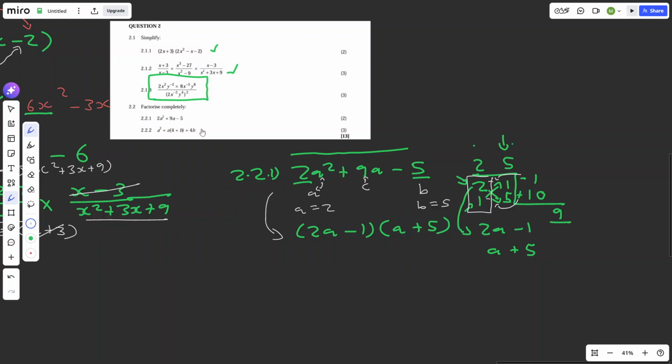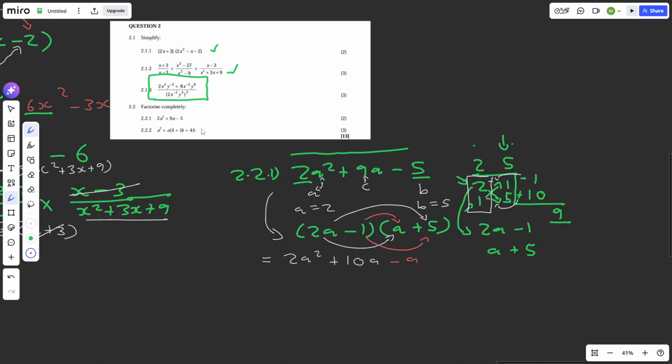Okay. So to confirm this, it's good to confirm, right? So let us expand this and see if we get that expression above. So from here, what do we get? 2a times a is 2a squared. 2a times 5 is plus 10a. And then next, minus 1 times a is minus a.